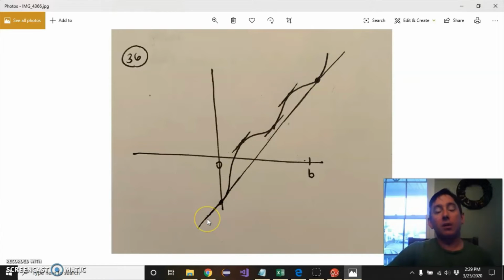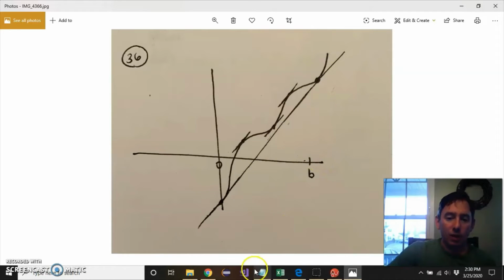The mean value theorem states that whatever the slope is between our endpoints happens somewhere on the curve at some point instantaneously. So these 3 points right here represent the places on the function where the instantaneous rate of change seems to be parallel to this average rate of change between 0 and b.